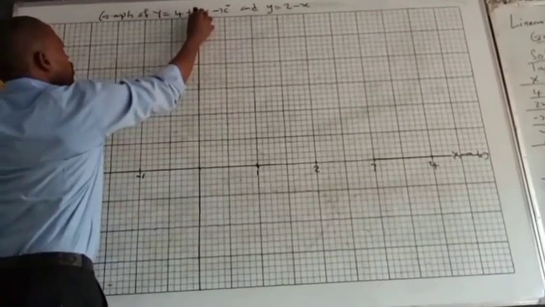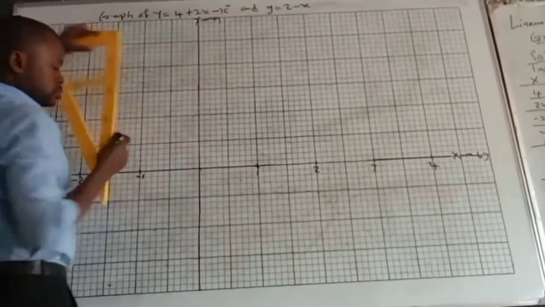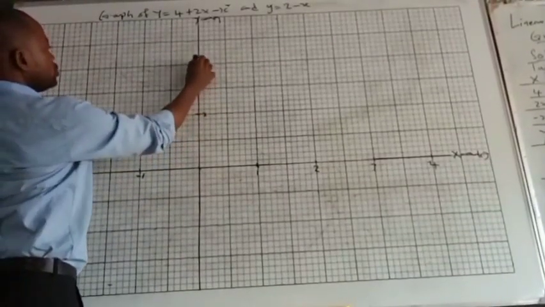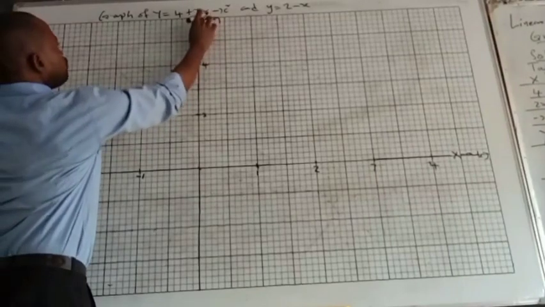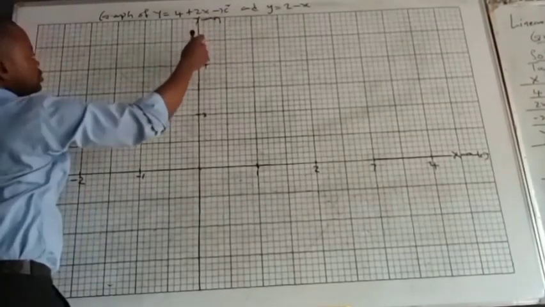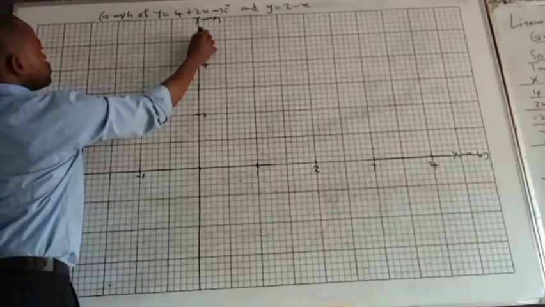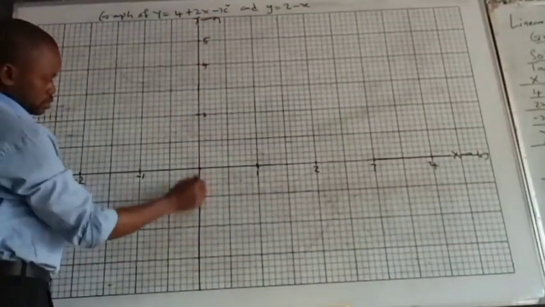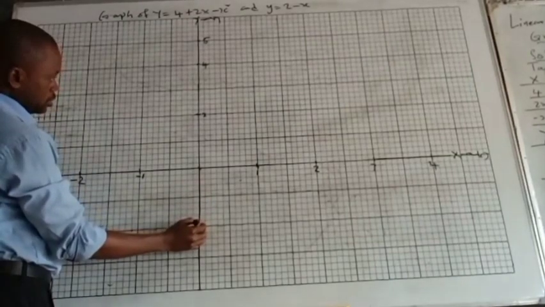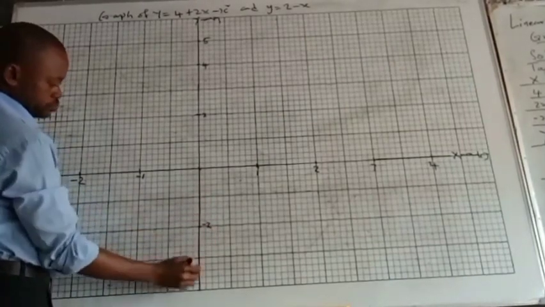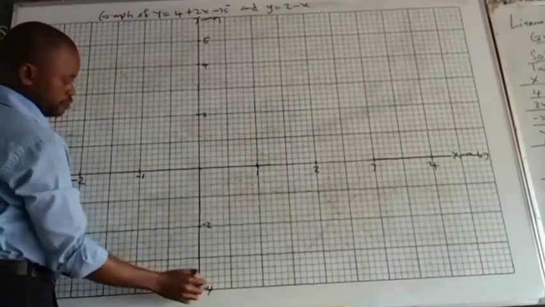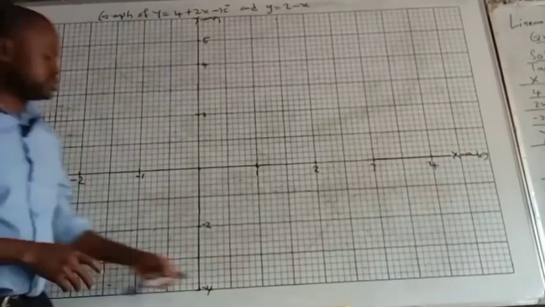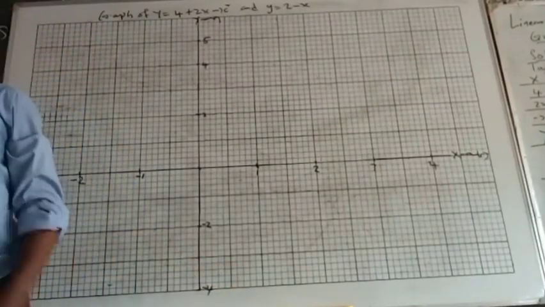This is the y-axis. Here is 2, 4, and this last point here should be 5, because this is 6. And here, minus 2, minus 4. Now, the graph is set for us to make our plot.